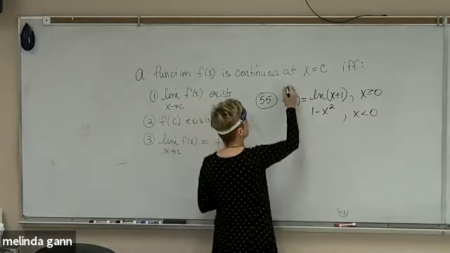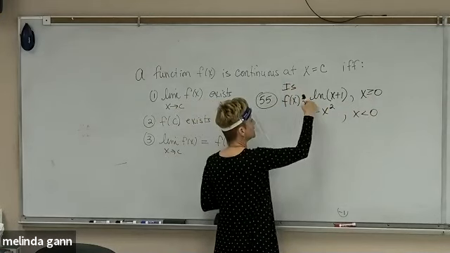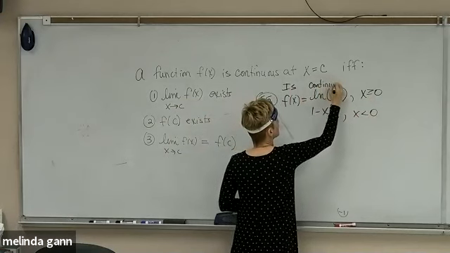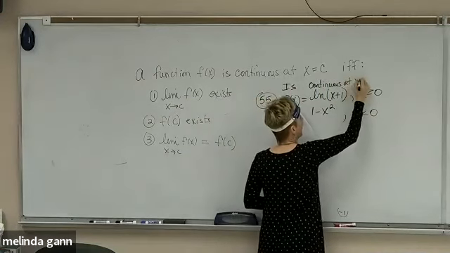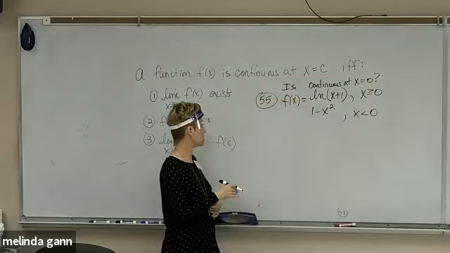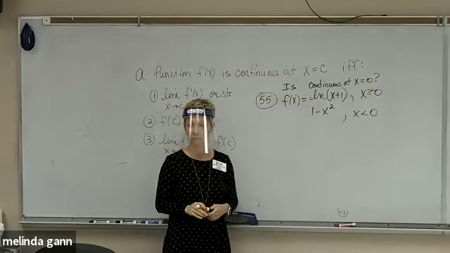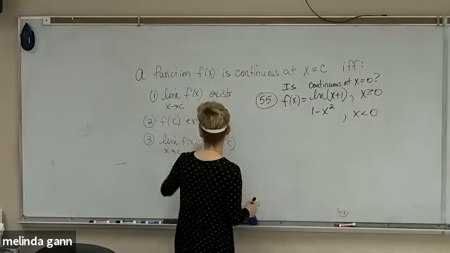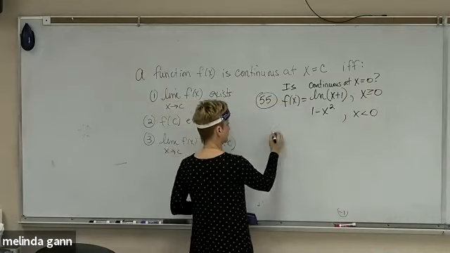All right, so I would say something like, is this function continuous at x equals 0? And it will say on your second test, prove your answer using the definition. All right, so again, I've got to check 3 things.